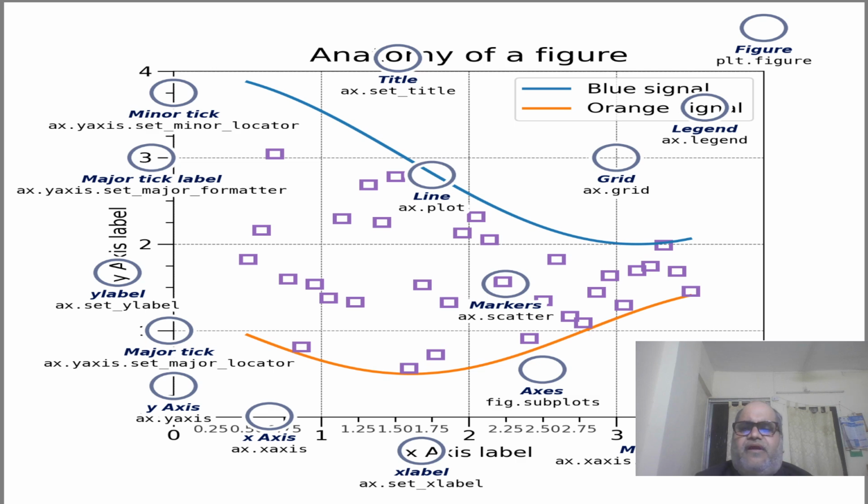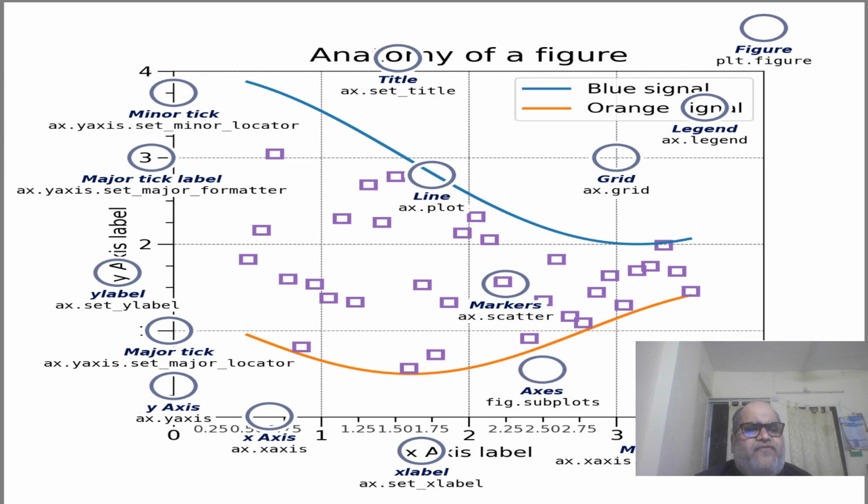The one above the diagram, with the anatomy of a figure, that's your title. So you can set whatever title you want through set_title or the title attribute. It will be shown at this place in your figure.